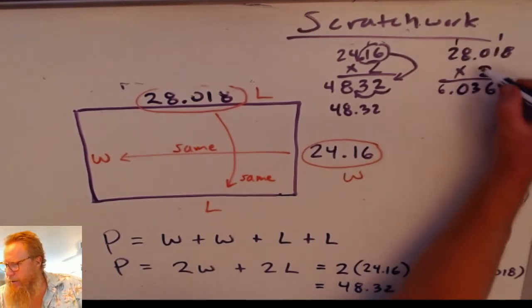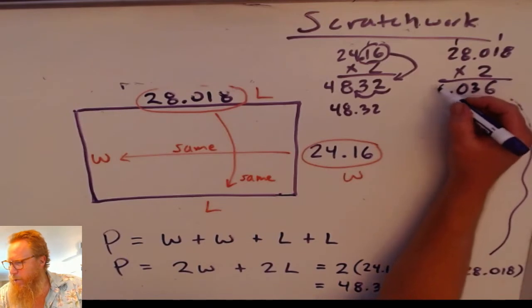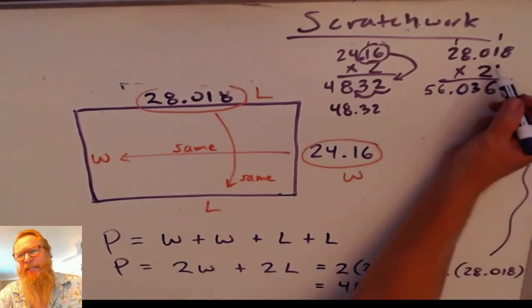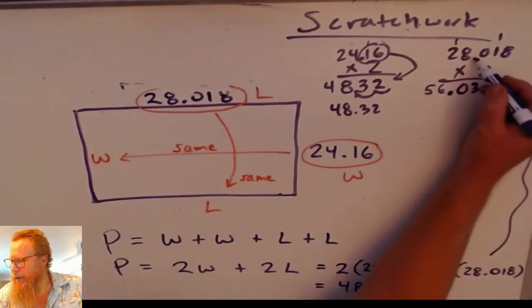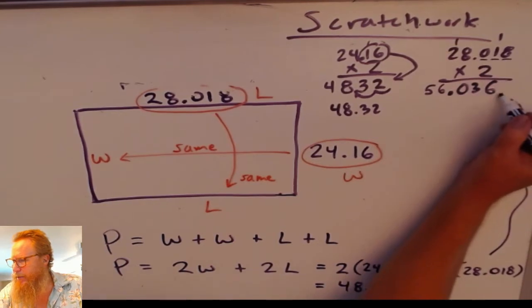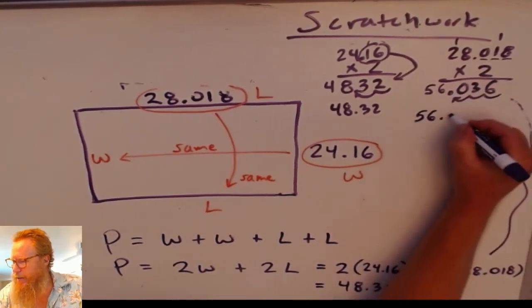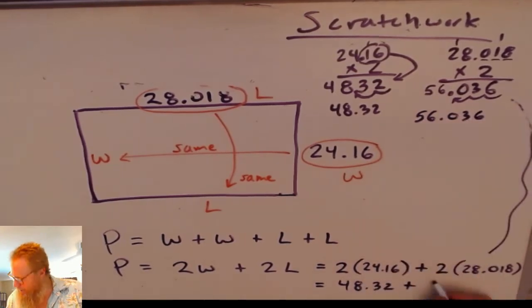Carry the 1. 2 times 2 is 4, plus 1 is 5. And I already moved the decimal 3 places. So you got 1, 2, 3 places. So now the decimal is here, 56.036.